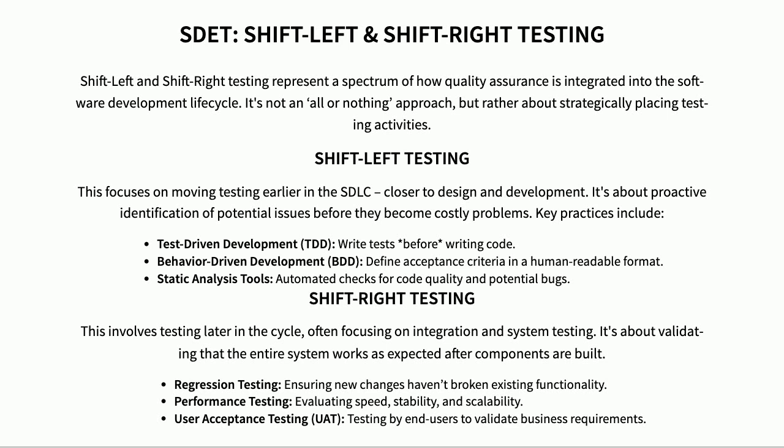Then there's shift right, which is about testing later on, integrating everything together and making sure it all works smoothly. That includes things like regression testing to catch any unintended side effects of new changes, performance testing to see how fast and stable the system is, and even getting real users involved in testing to make sure it meets their needs.